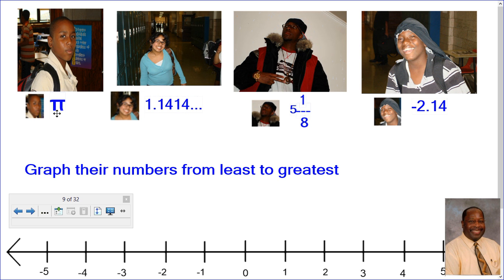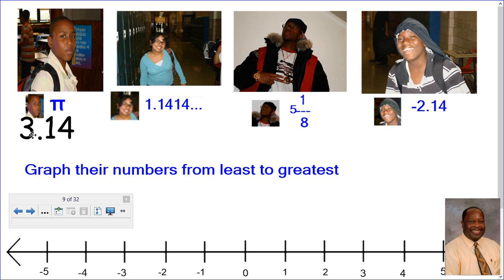Well, the first one is pi. Pi, we know, is a Greek letter, and we remember from a long time ago when we had an estimate for pi, we had 3.14. And that's what we used to always say was the value of pi, but that's not correct.